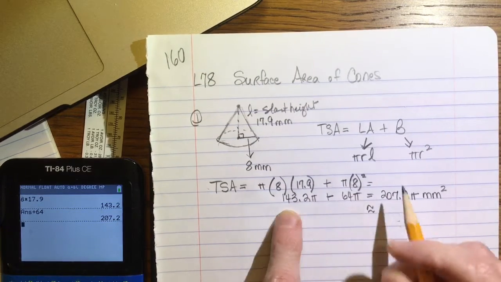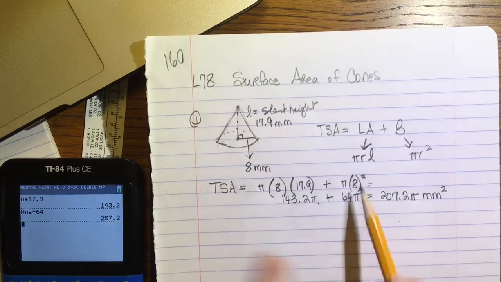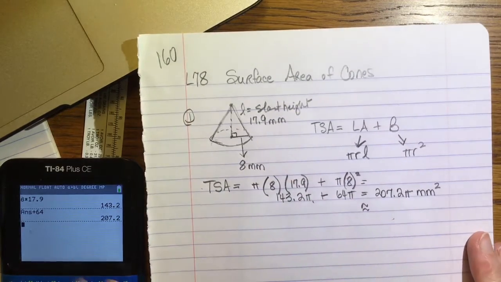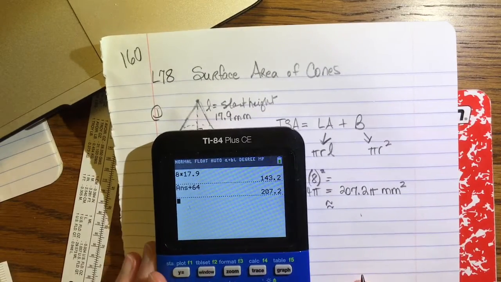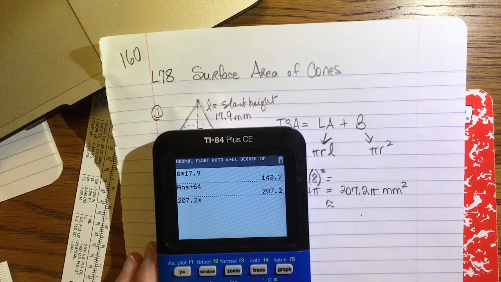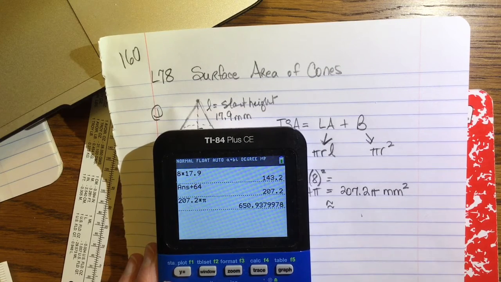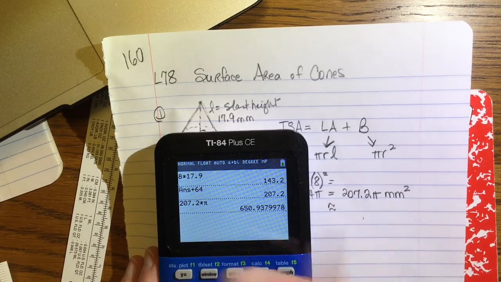Now, you could have punched the pi in here and then added them, but you just have to be real careful with your rounding. So in this case, I'm only going to round the one time because I'm going to take that 207.2 and multiply it times pi, and I believe your classwork is probably going to say round to 2 decimal places.